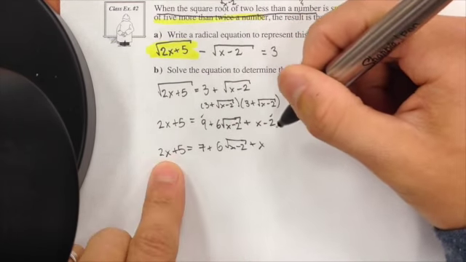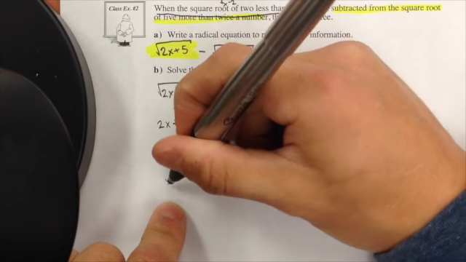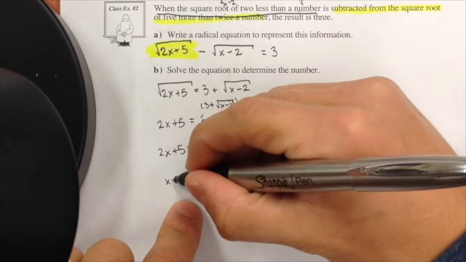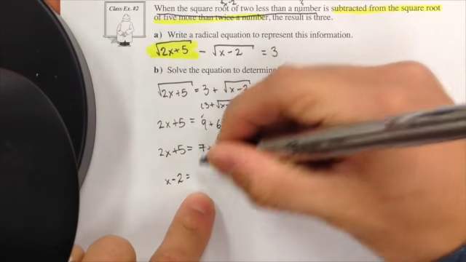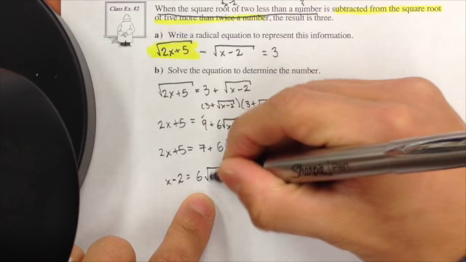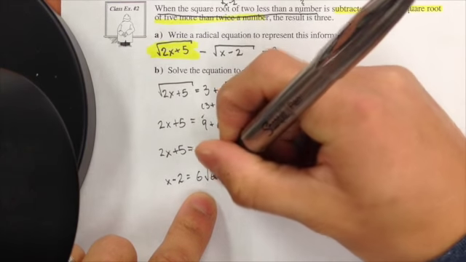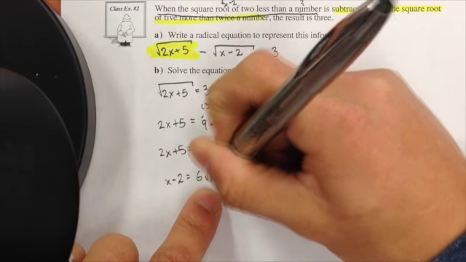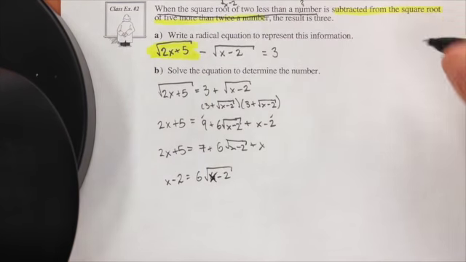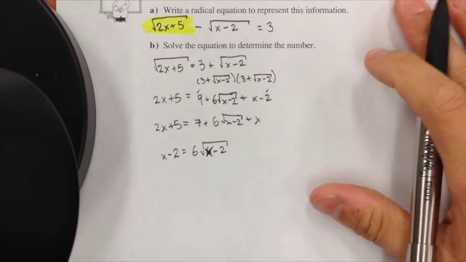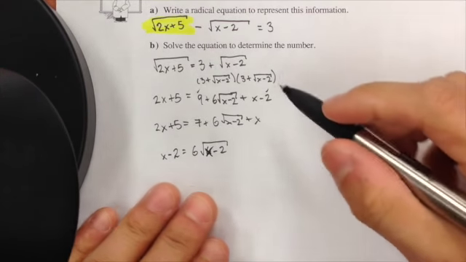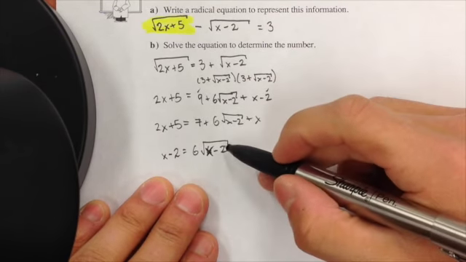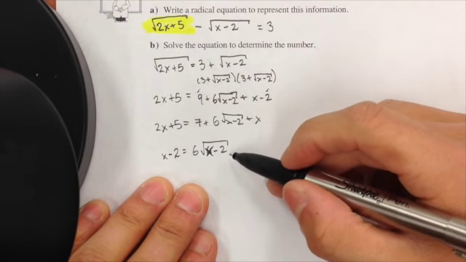I'm going to bring this x over here, and subtract 7 over here, so this will be x minus 2 is equal to 6 times the square root of x minus 2. There we go. That's what I'm going to be left with now. I encourage you to pause the video here and think about how I got from here to here, or even from here to here.